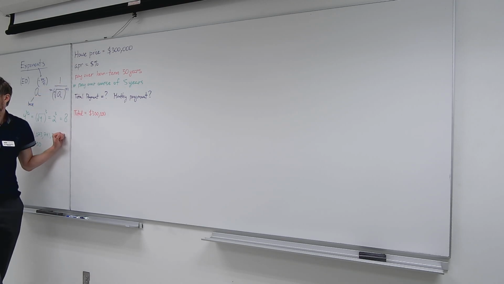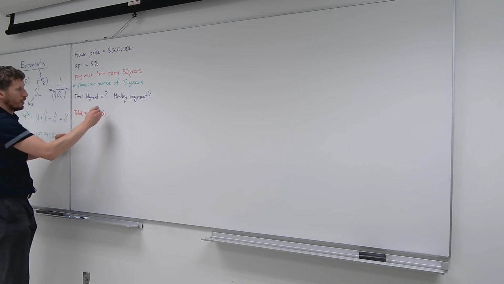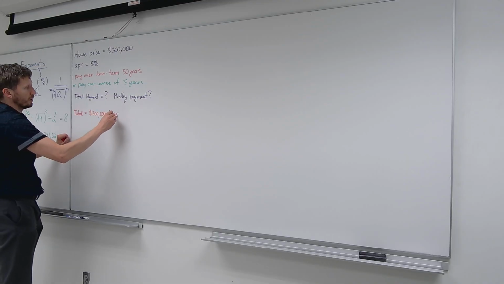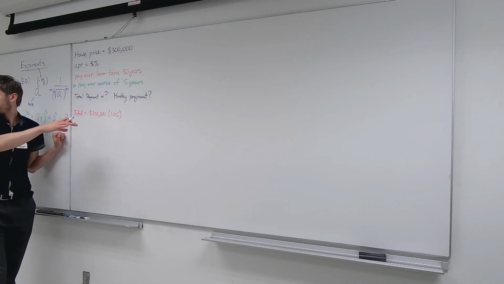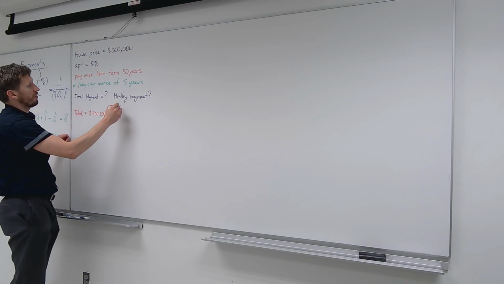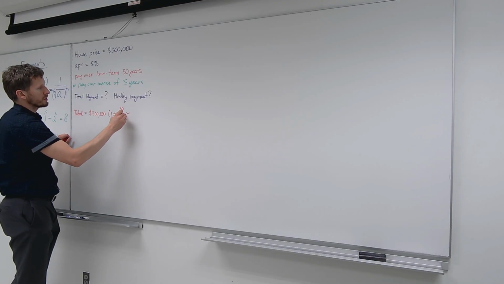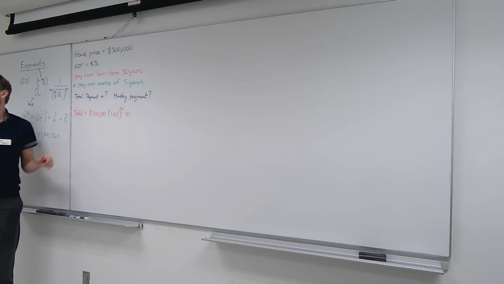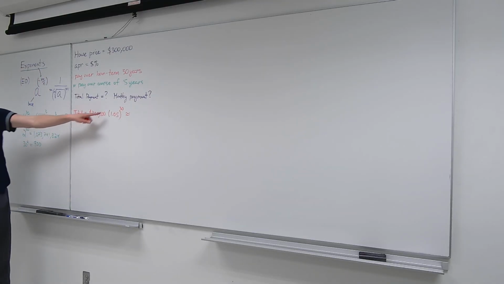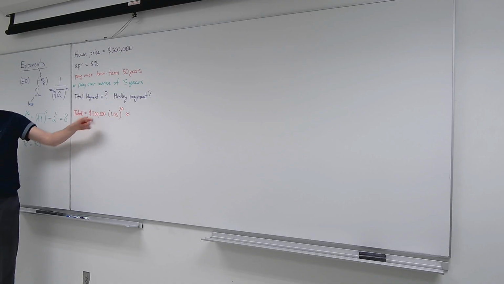The whole thing you're paying is 1.05. So it's going to charge you every year this much more. To the what power? 30th power. Somebody do this on a calculator, tell me what you get. 1.05 to the 30th power, I would do that first, and then multiply by 300,000.